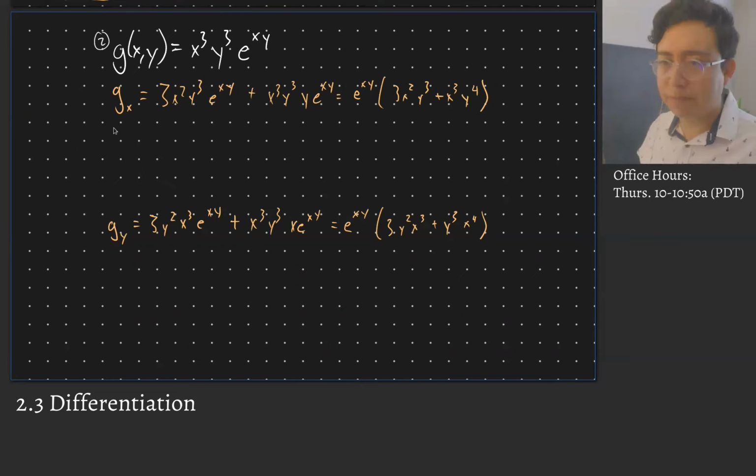Cool. So let's finish up this problem real quick. So let's do g x x. So it's the derivative of this with respect to x. Okay, so that means there's going to be a product rule. So the derivative of this times this, so that's y e to the xy times the rest, this stuff in parentheses stays the same.